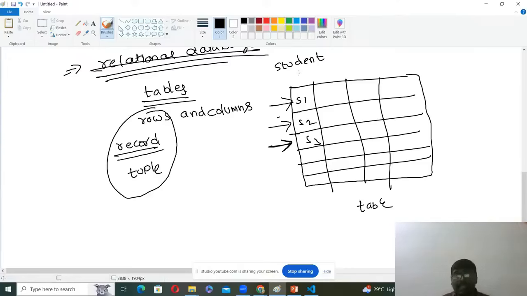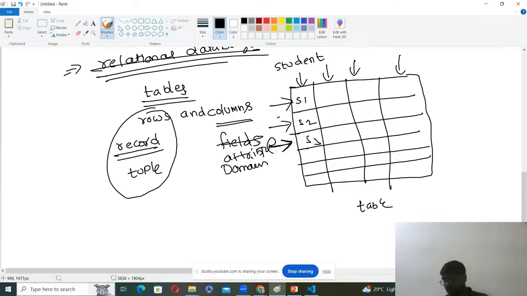Now, these are called columns. Columns are also called fields, and are also called domain or attributes. Simply, this is the roll number, for example, name, age, gender.